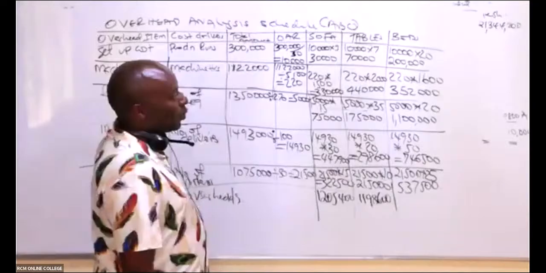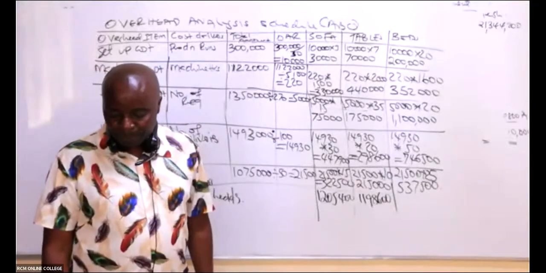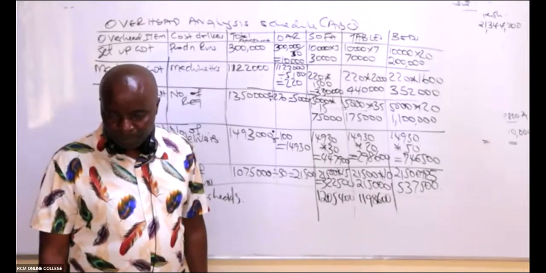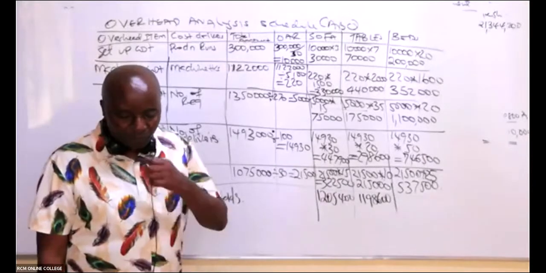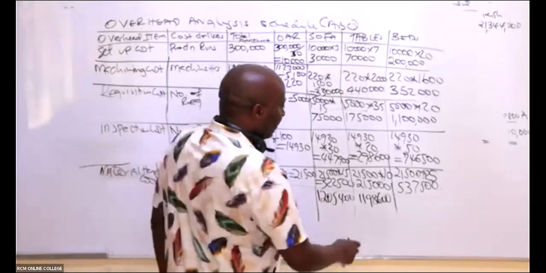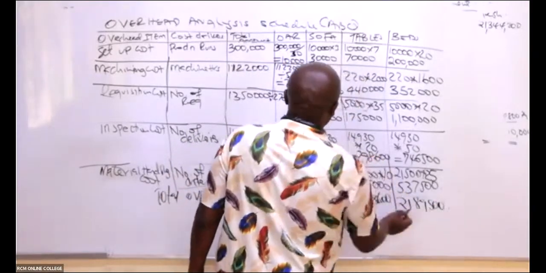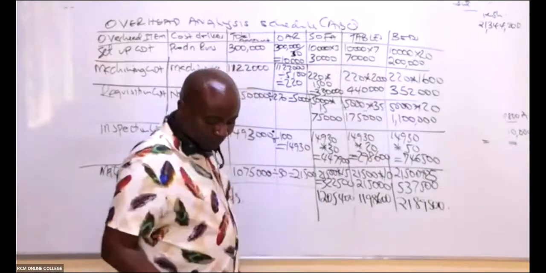After that, beds. So what do we have there for beds? 189,500.